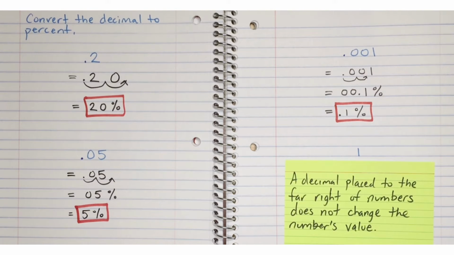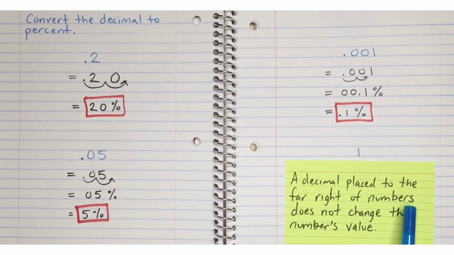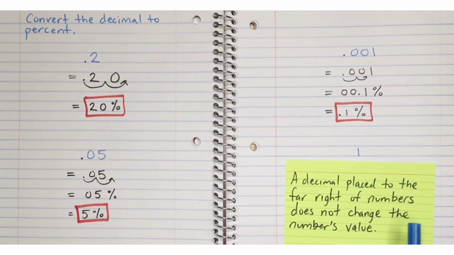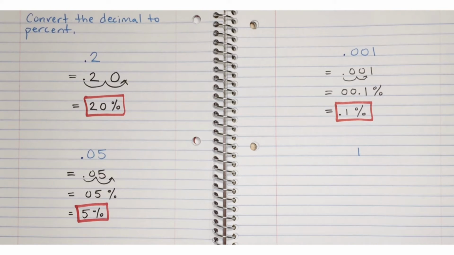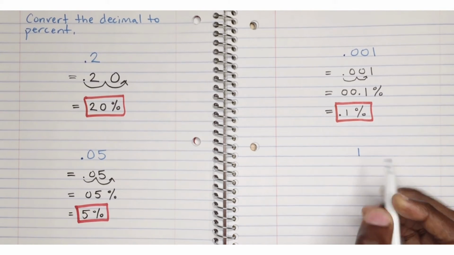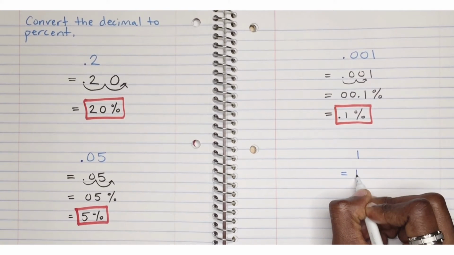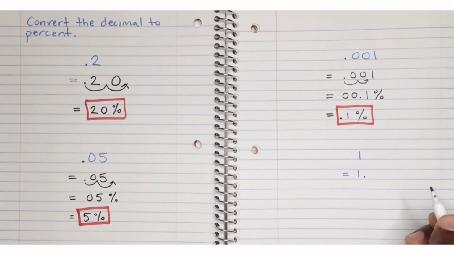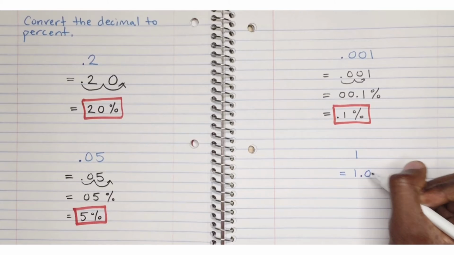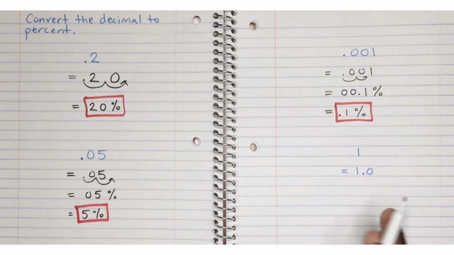So what I want you to know is that if a decimal is placed to the far right of some numbers, in this case, there's only one number here, it does not change the number's value. So that means that this 1, I can say, is equal to 1, and then put a decimal, and then you can put a 0. As long as you put a 0 after the decimal, the number does not change.